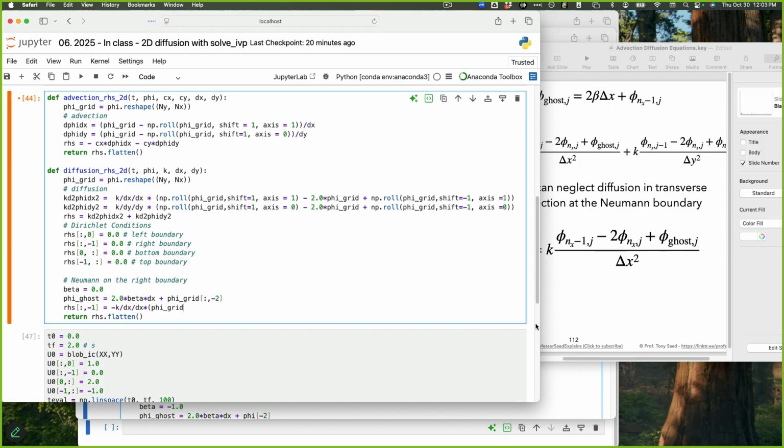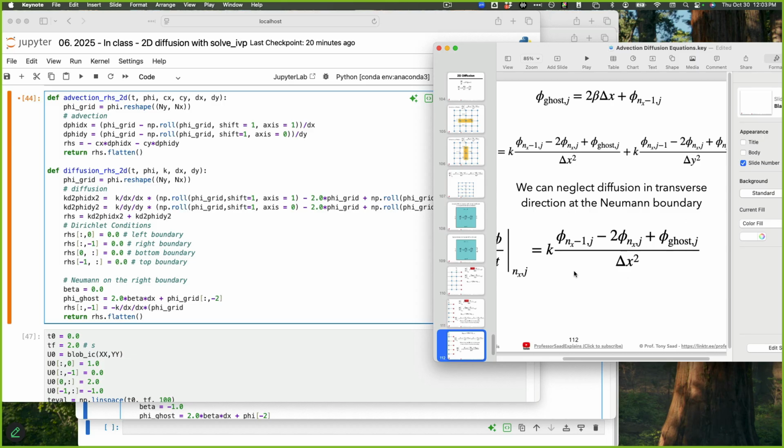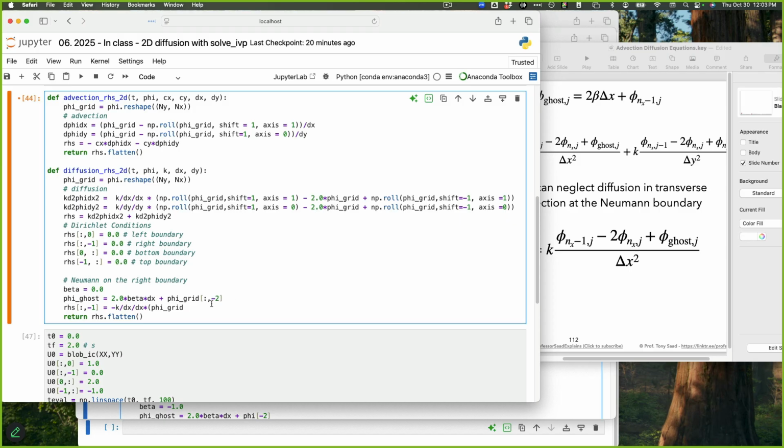So now I'm going to implement this equation here, the diffusion discretization. Phi nx minus 1 at all j, minus 2 phi nx at all j, plus phi ghost at all j. So that's going to be phi grid at all j values, at nx minus 1, minus 2 times phi grid again at all j, but at the boundary point, that's phi nx j, plus phi ghost.